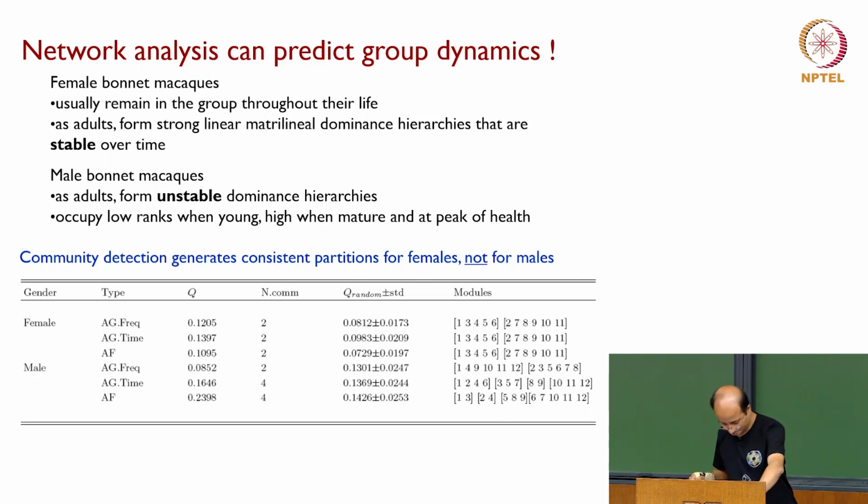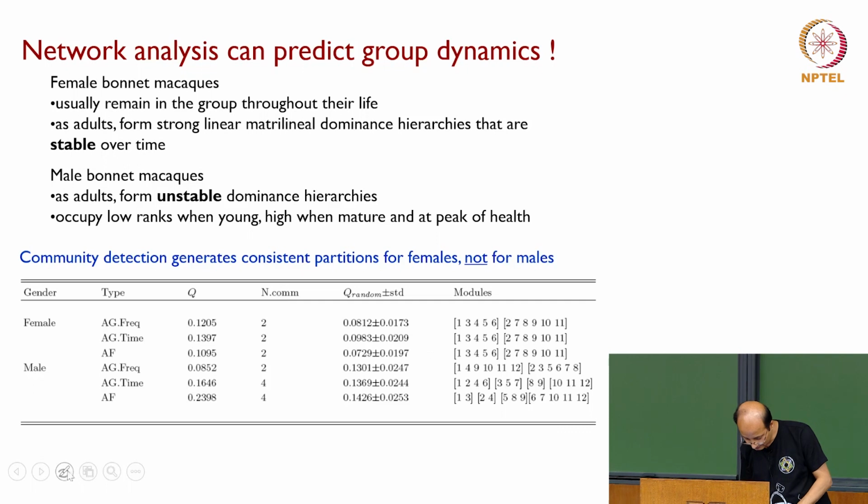So what we did was we took this network and we did community detection, and this is what we saw for the female network. Across all the networks, grooming frequency, grooming time, approach frequency, you find consistently that individuals 1, 3, 4, 5, 6 form one module, and 2, 7, 8, 9, 10, 11 form another module.